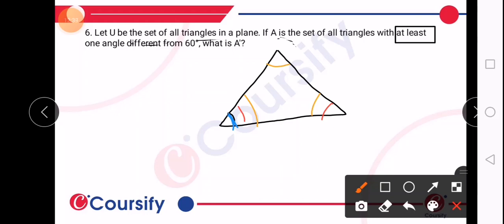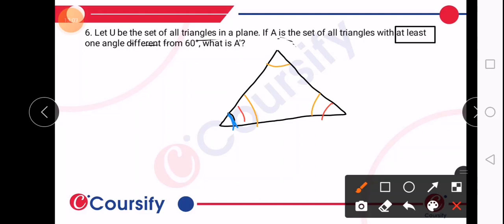The red marks indicate that these two angles must not be 60. That means they can be 70, 75, 80, 120 or any other angle, but they cannot be 60. The orange angles indicate that all three angles should be different from 60. That means the three angles will be totally different from 60.